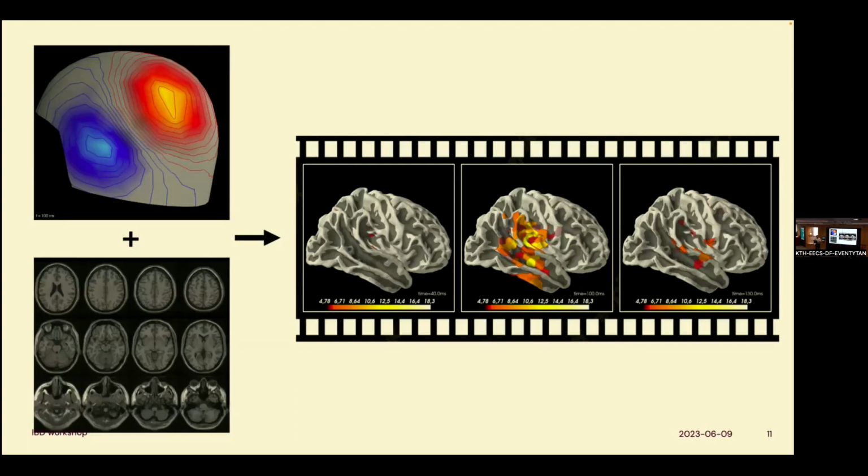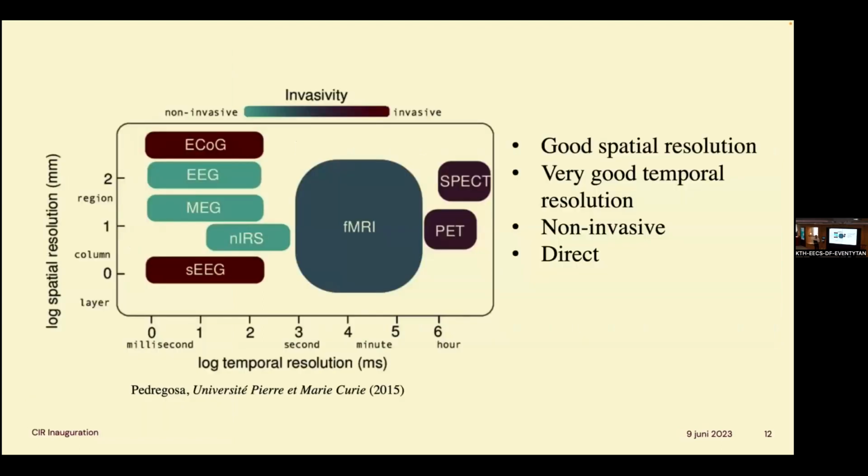We can resolve the activation on the scale of a few milliseconds, not seconds like in fMRI, for example. That is the main selling point for MEG, similar to EEG: the extremely good temporal resolution. MEG is also considered a bit better in terms of spatial resolution, just because the fields are not as affected by local conductivity changes.